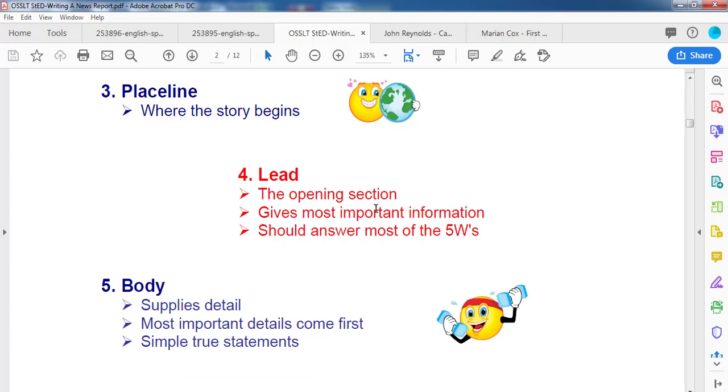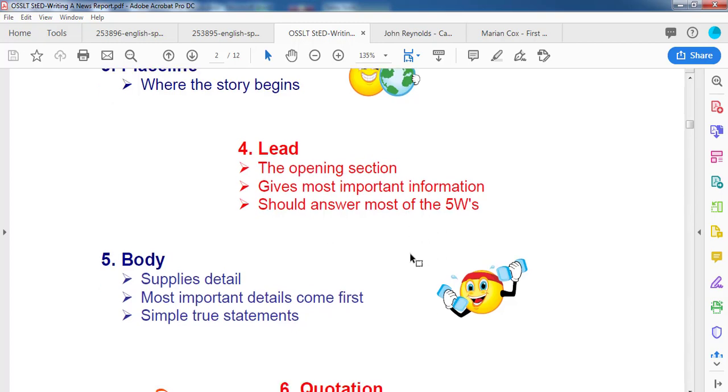And if you have some time, you will read the lead paragraph, which is the first paragraph of the newspaper article. This is why inside the leading paragraph you have to have an opening section and to give the most important information, the main ideas, and you have to answer the WH questions. What, when, where, why. If you can answer those 5 or 6 questions, then your lead paragraph is excellent.